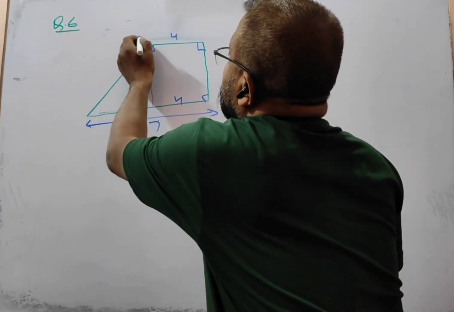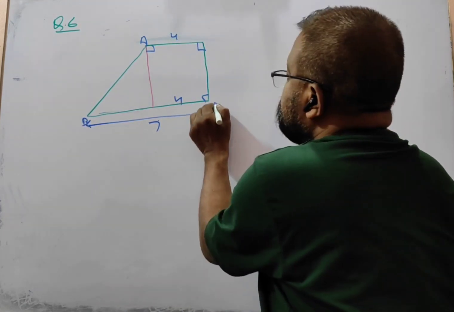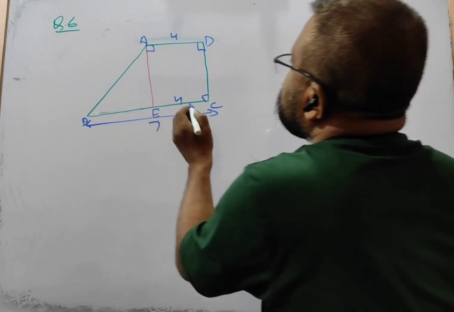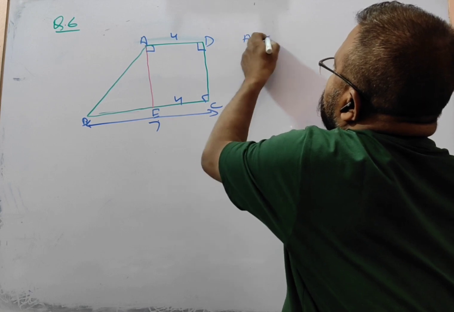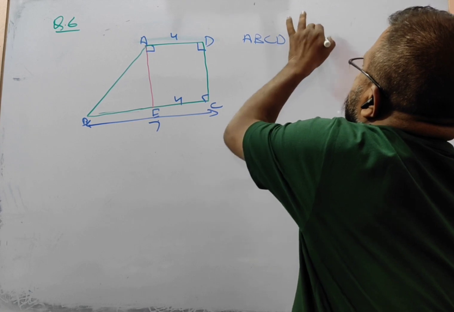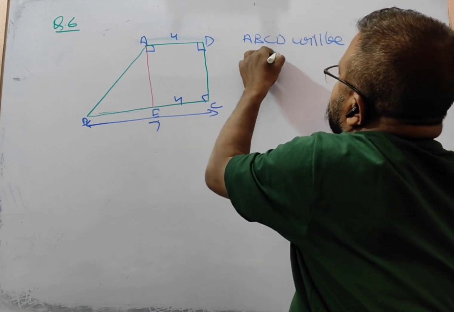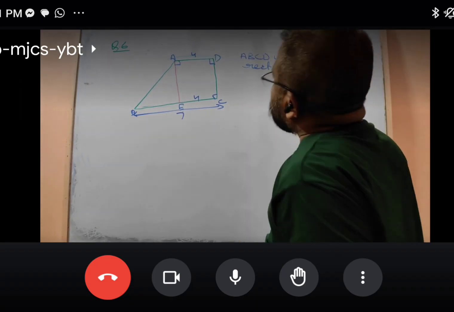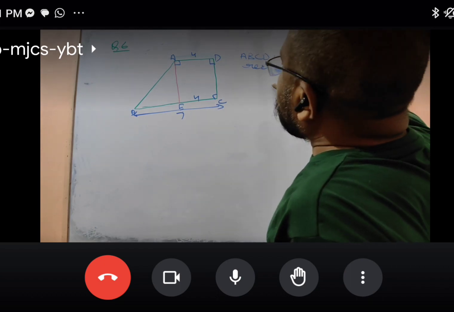A, B, C, D, and E. So ABCD will be a rectangle, right?